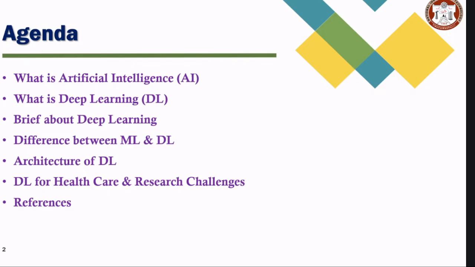Then we'll go for the comparison between deep learning and machine learning, followed by the architecture of deep learning, and then how deep learning and AI combined together are applicable in the healthcare area and its various research challenges too. Finally, I'll come up with the references too. This is the way I'm going to discuss the topic mentioned in the earlier slide.